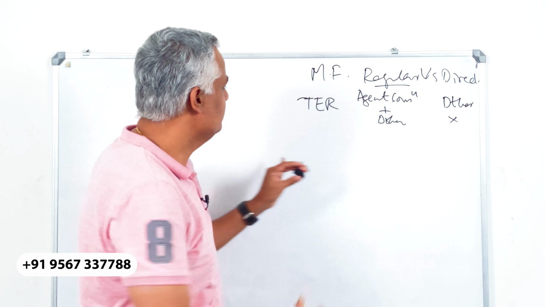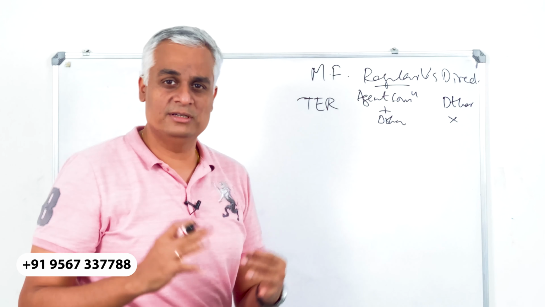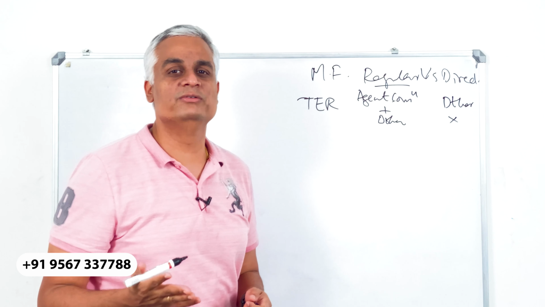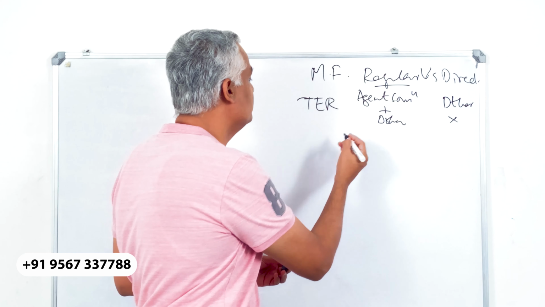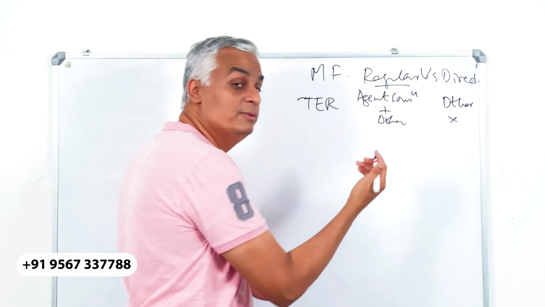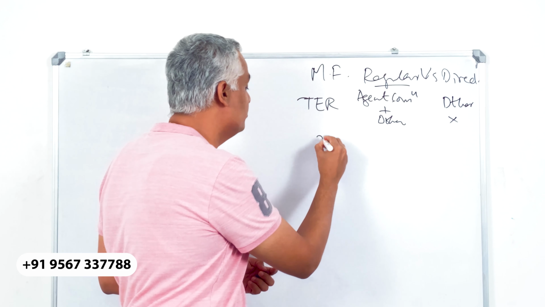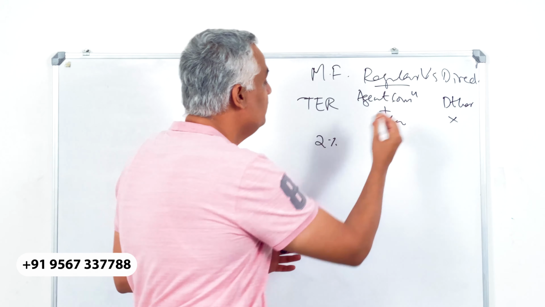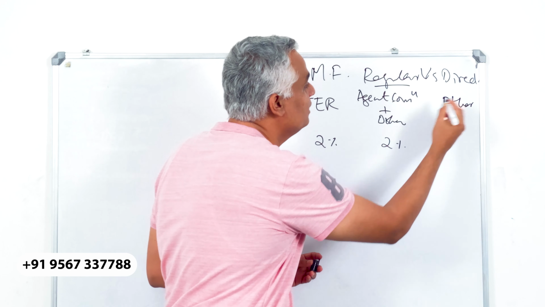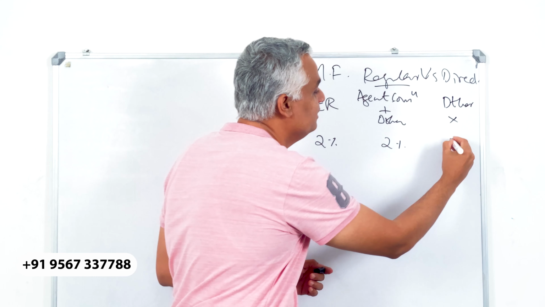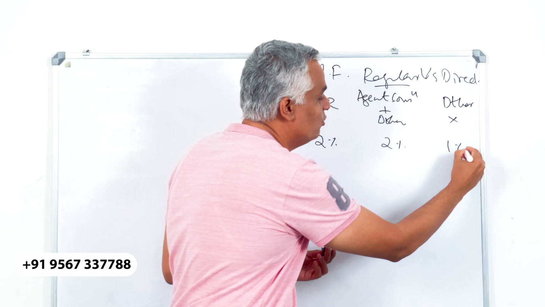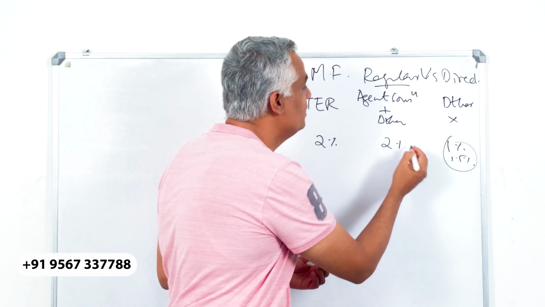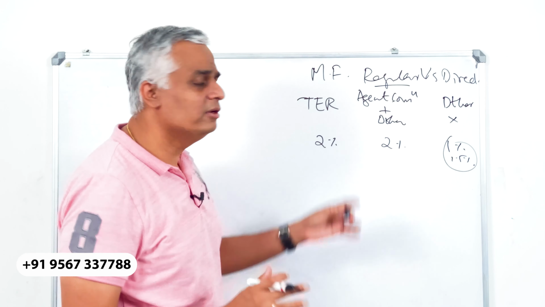If you look at any scheme, you can search for the fund you have invested in and see what percentage of expense you are incurring for that particular scheme. For example, 2% is the expense ratio for a fund. In regular, it will be 2%, but when it comes to direct, it may be 1% or 1.5%. So that difference is what is given to the regular channel.